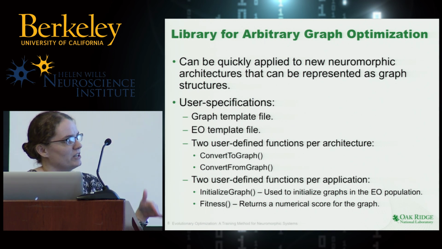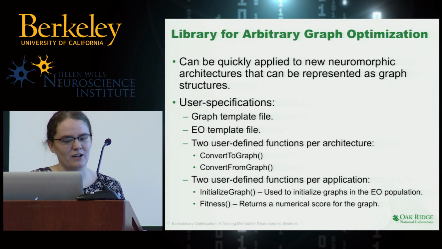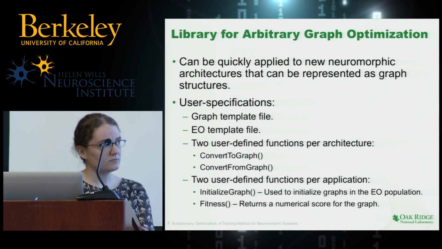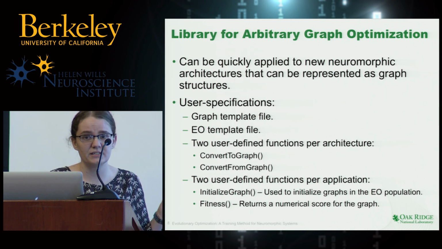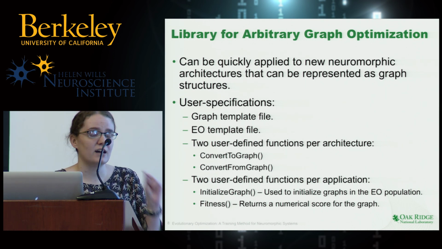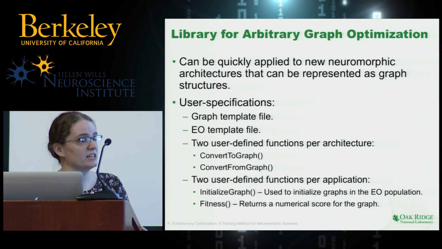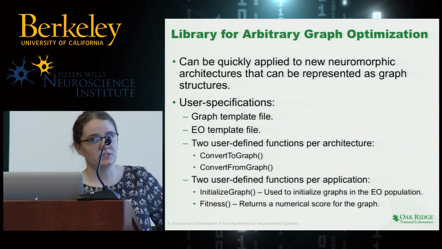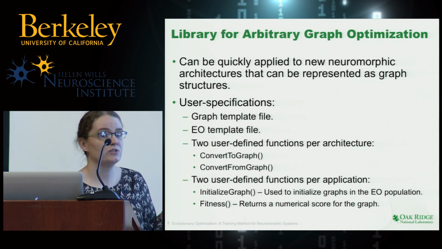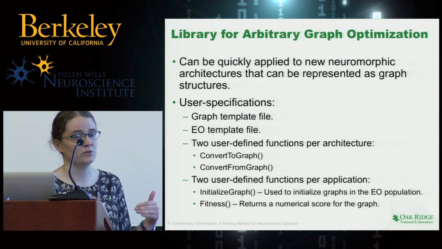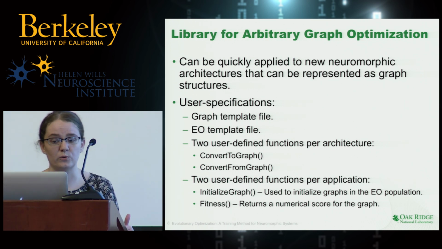And then for any given application, you define an initialized graph function and a fitness function that will be used as part of the evolutionary optimization. So all of the results you saw previously were obtained using custom implementations of the evolutionary optimization for NIDA and DANA. But I have also used this arbitrary graph optimizer to optimize both NIDA and DANA and feed-forward neural networks. So it can be extended to other types of architectures moving forward.